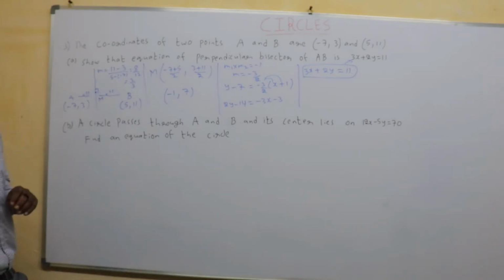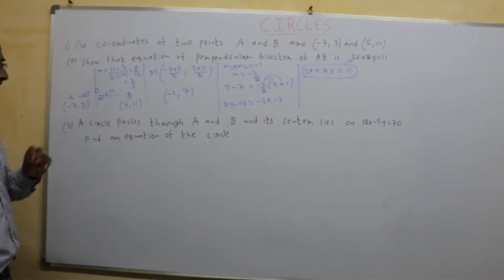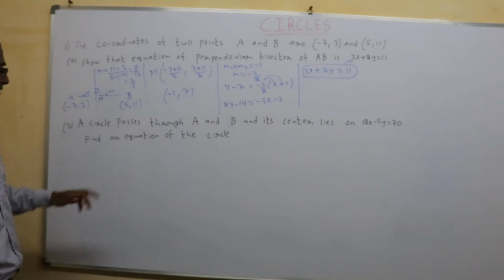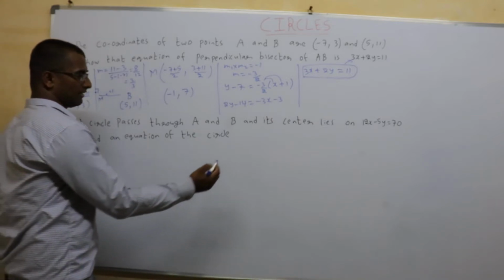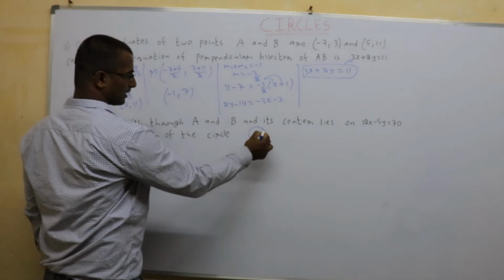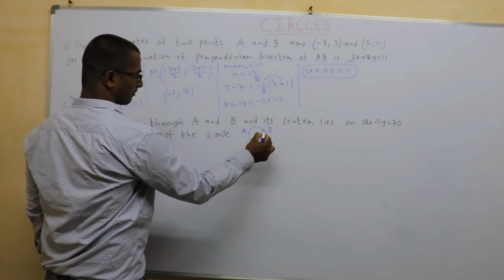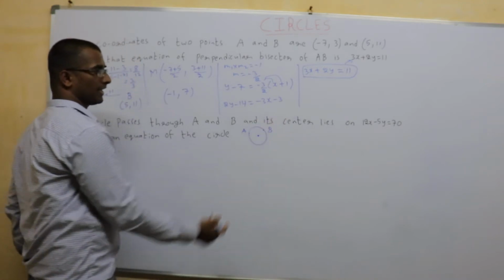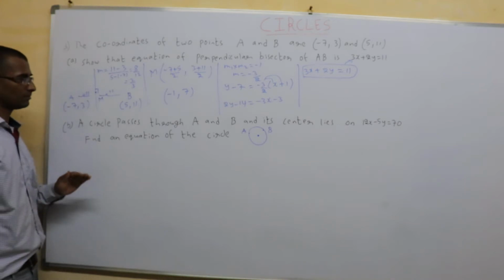Now the next one. A circle passes through A and B and its center lies on that line. Find the equation of the circle. Given that on the circle you have 2 points A and B and the center lies on that line, find the equation of that circle.